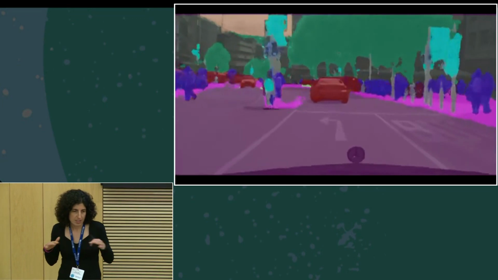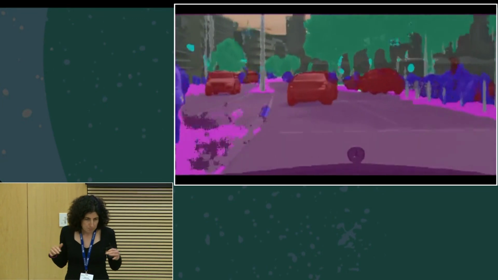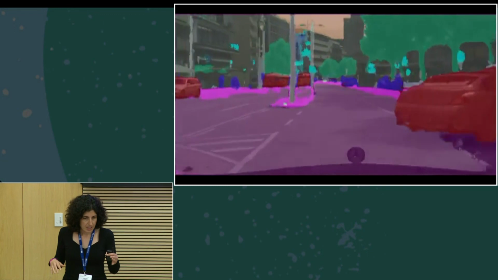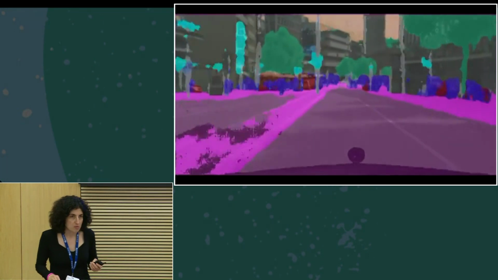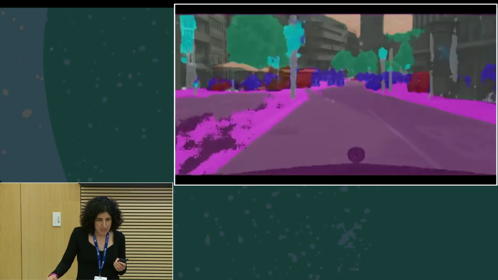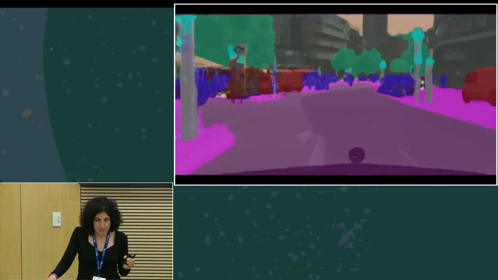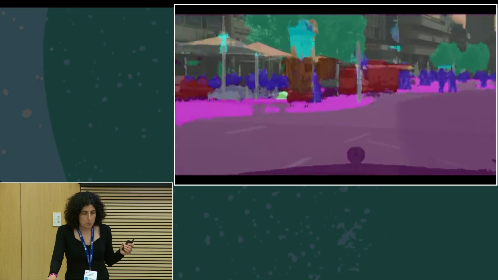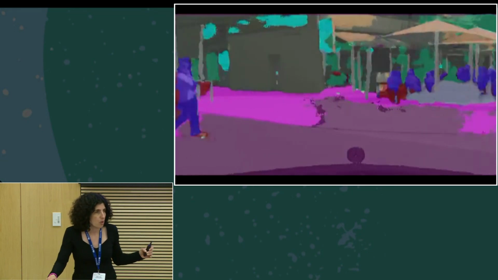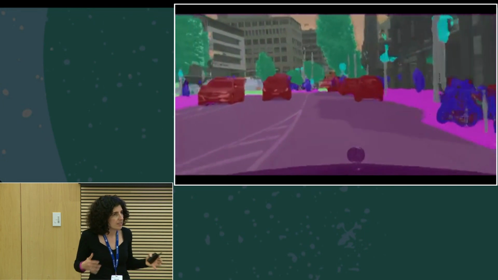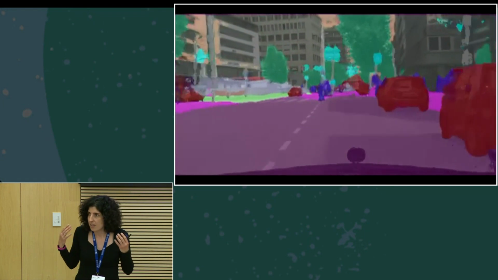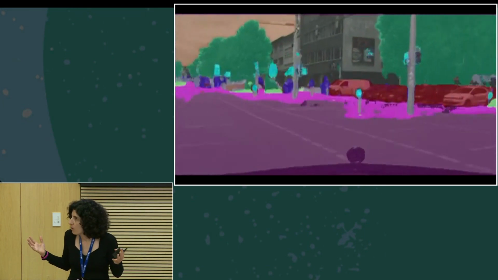It sees the road itself as purple, the cars are marked in red, the pedestrians are marked in blue. This is called segmentation. We divide the image into objects. And this is the basic model that enables us to understand what is in the image.